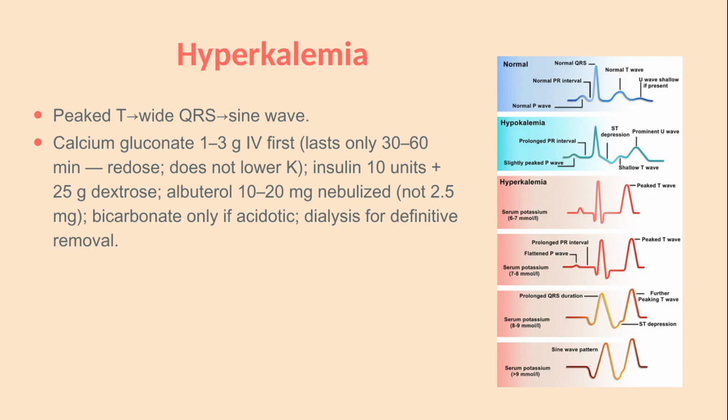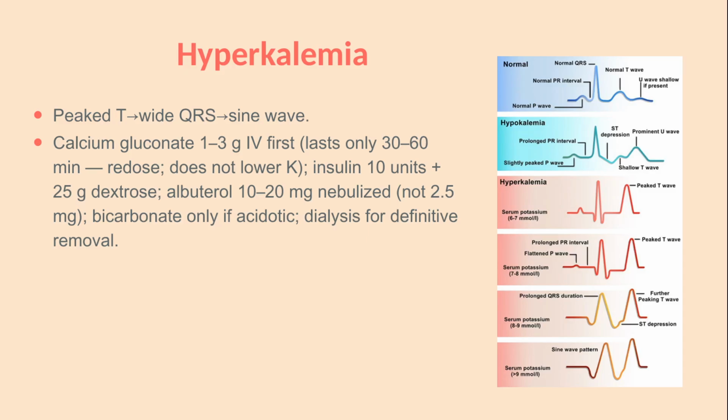Calcium gluconate 3 grams IV peripherally, or calcium chloride 1 gram through a reliable line, repeated if the QRS stays wide. Then shift potassium into the cells. 10 units of regular insulin IV with 25 grams of dextrose, monitoring glucose afterward, plus high-dose nebulized albuterol, with bicarbonate reserved mainly for the acidotic patient.